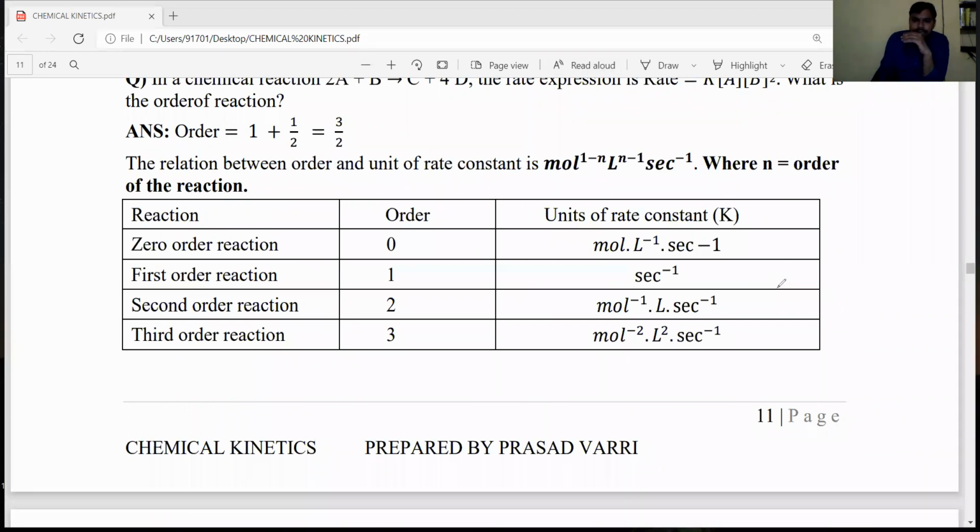If order is n and n equals 0, you just have to substitute, then your units will be mole liter inverse second inverse. This mole liter inverse second inverse is also the unit for rate. The rate of reaction is nothing but change in concentration by time.